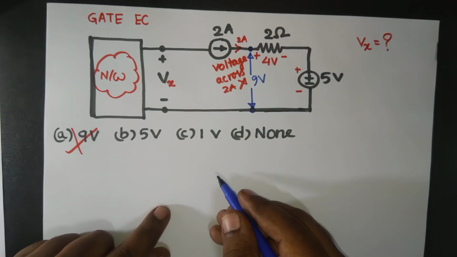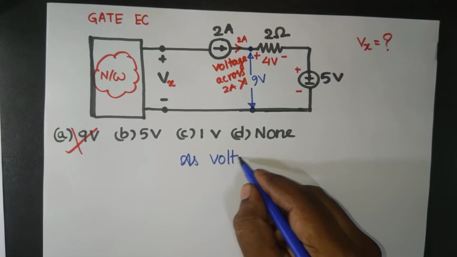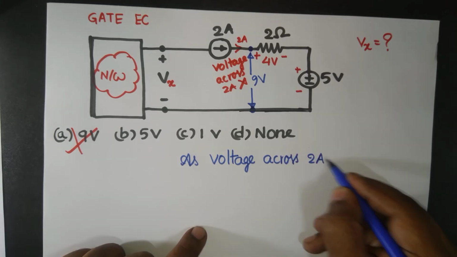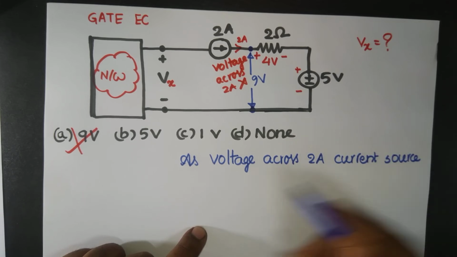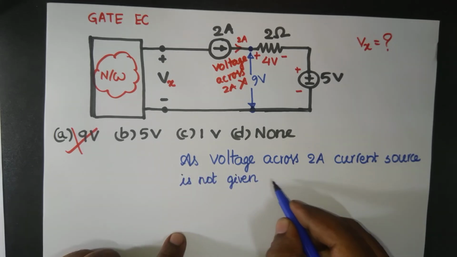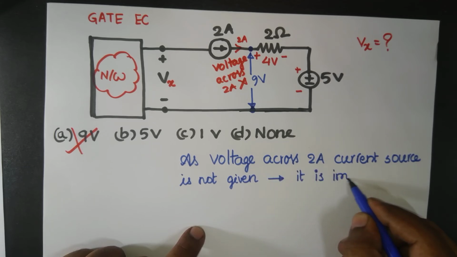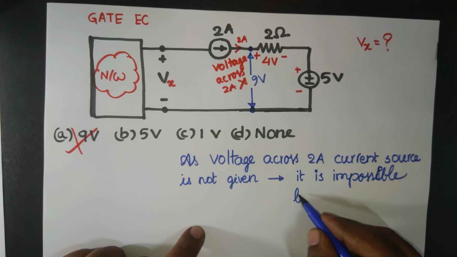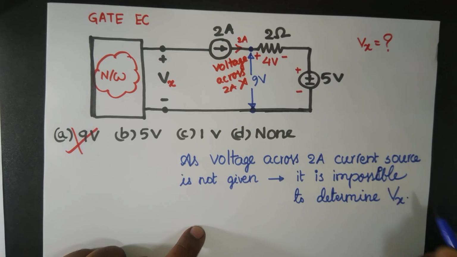So we can write like this: as the voltage across the 2 ampere current source is not given, it is impossible to determine V sub x.